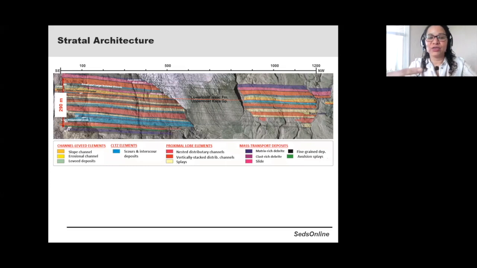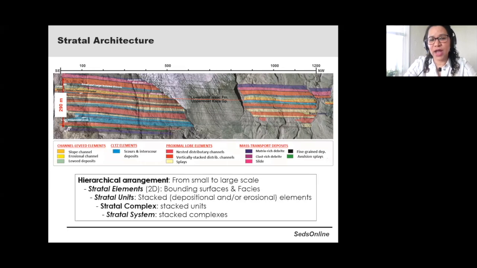After I defined all the elements within this place, I was able to break it down, and I used a very easy hierarchical arrangement from small to large. I defined the elements, which are established by a clear bounding surface and a distinctive facies. When those elements stack, they are called units.